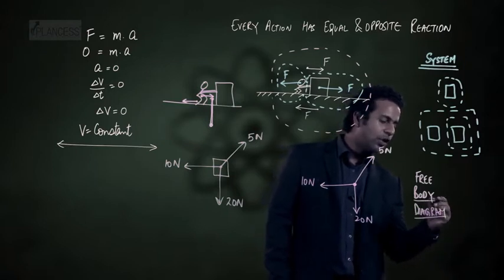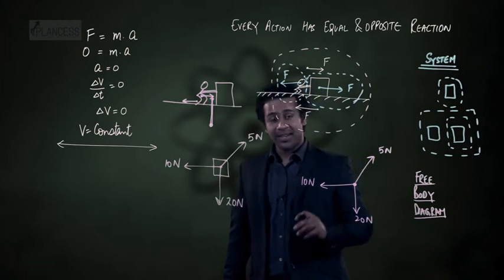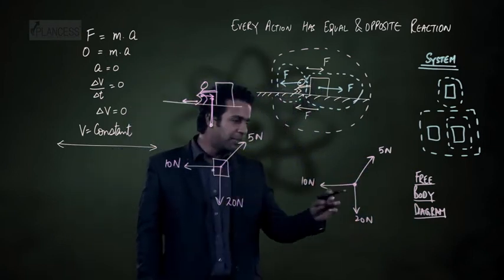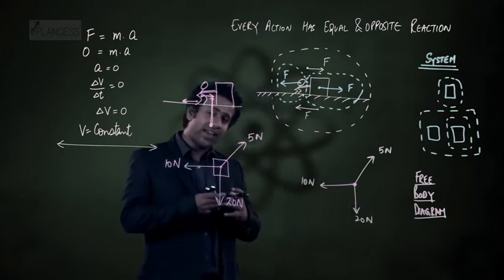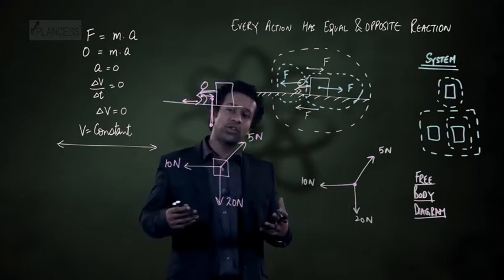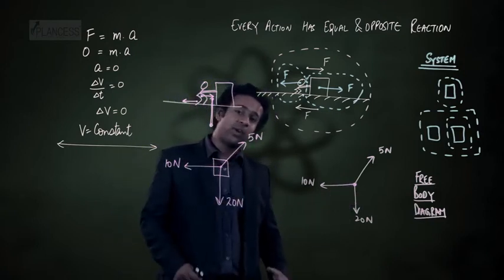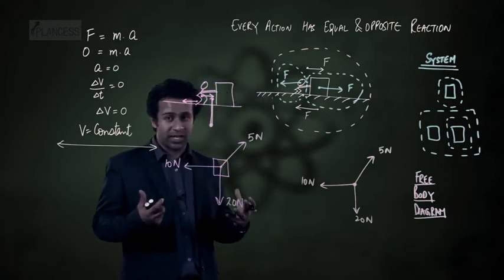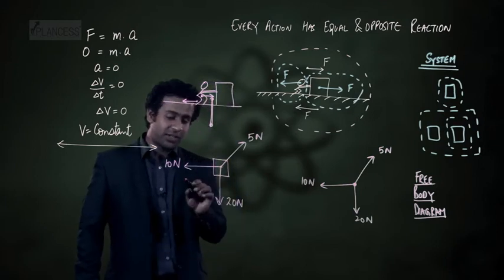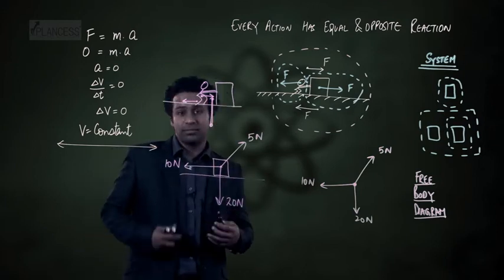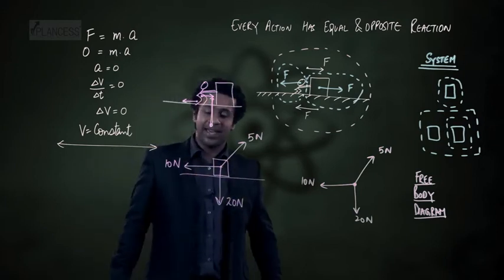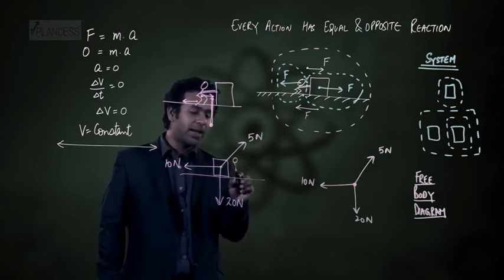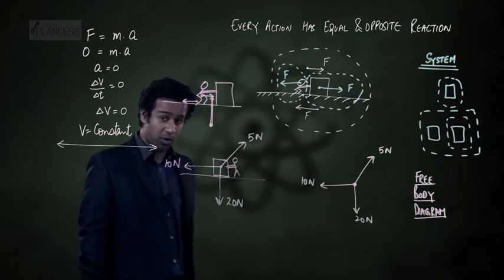Now, the reason we call it free body diagram is that in this case, we have isolated the block, represented it through a point, and then we are only showing the forces which are acting on it. We will not show any object or surface which surrounds it. For example, this might be lying on some ground or some surface, and then this 10 Newton force could actually be applied by some man who is pushing this block.